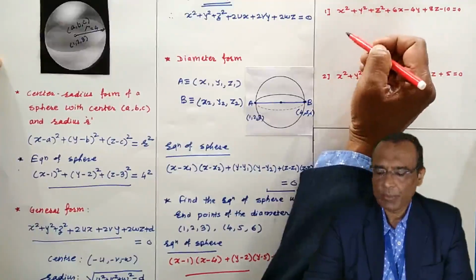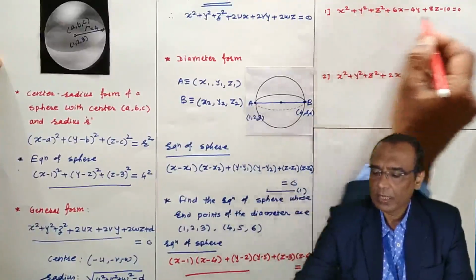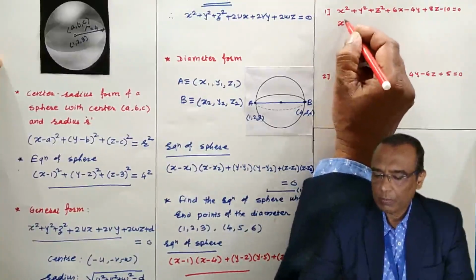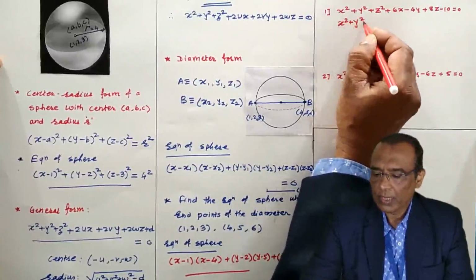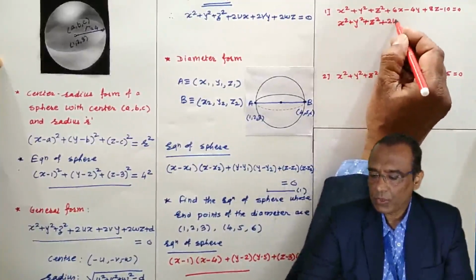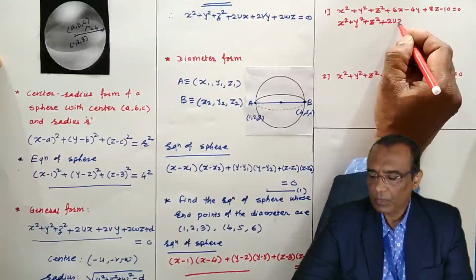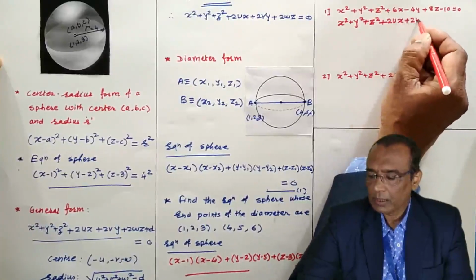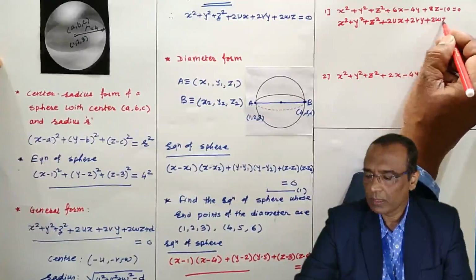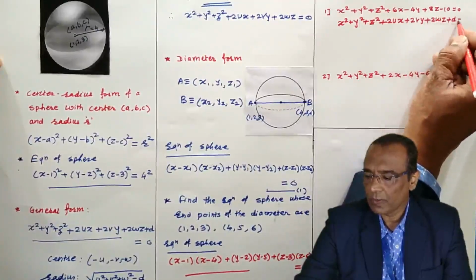Now, find the center and radius of the sphere. This type of MCQ may be asked in the examination. First of all, I will tell you the procedure, or you can directly find the center and radius also. This given equation of the sphere is in standard form. I am equating this with x squared plus y squared plus z squared plus 2ux plus 2vy plus 2wz plus d equal to 0.